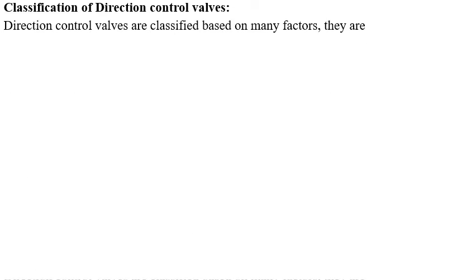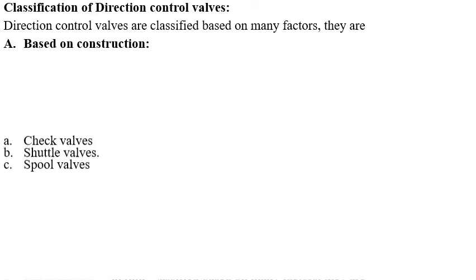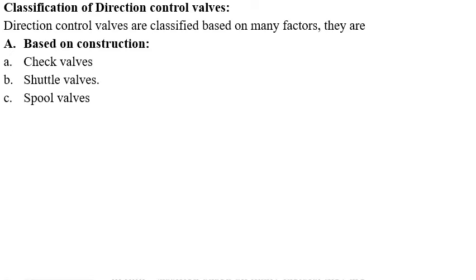Classification of direction control valves. Direction control valves are classified based on several factors. The first one is based on construction. According to construction, there are three types: check valves, shuttle valves and spool valves.